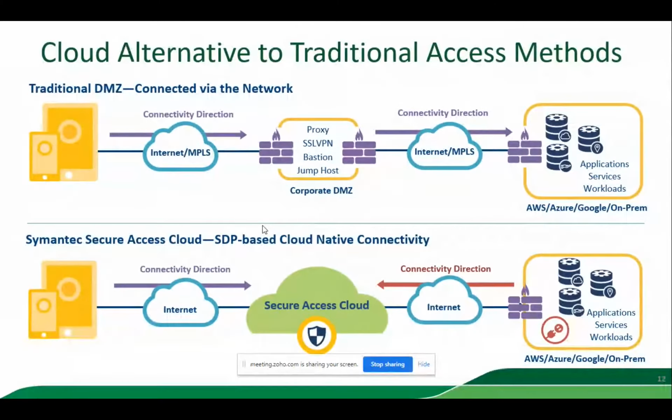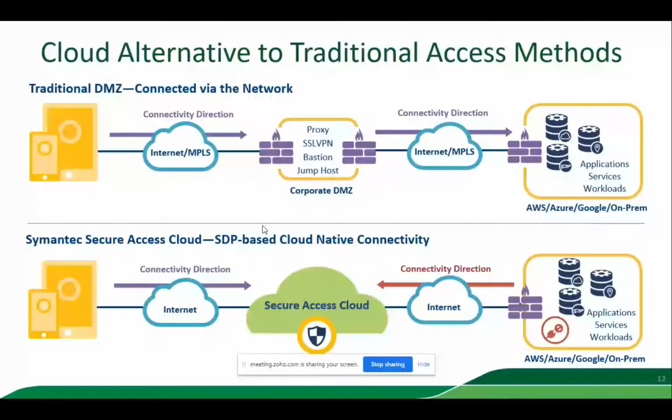But with Symantec Secure Access Cloud, what happens is through your device, you go through the internet, you go to the Secure Access Cloud. Secure Access Cloud will validate you and will validate your device. Then it will give you access only to the specific application and application layer, which is layer 7.